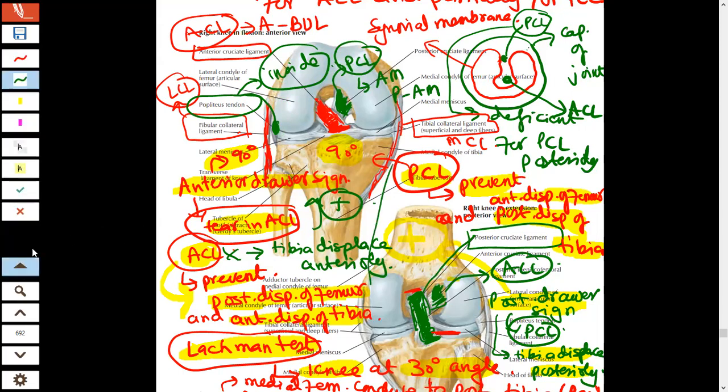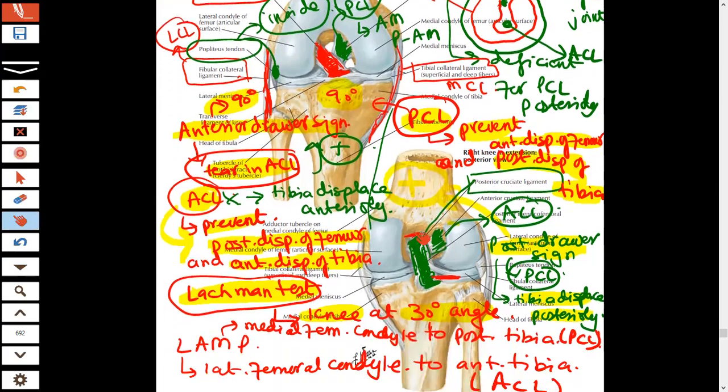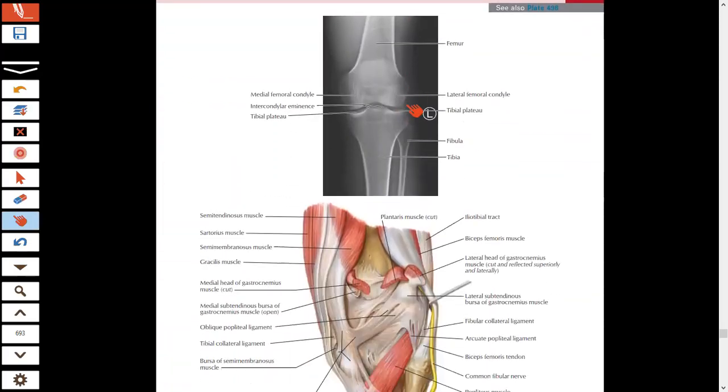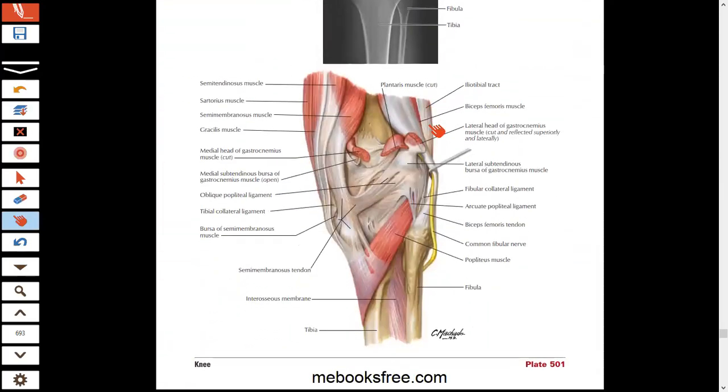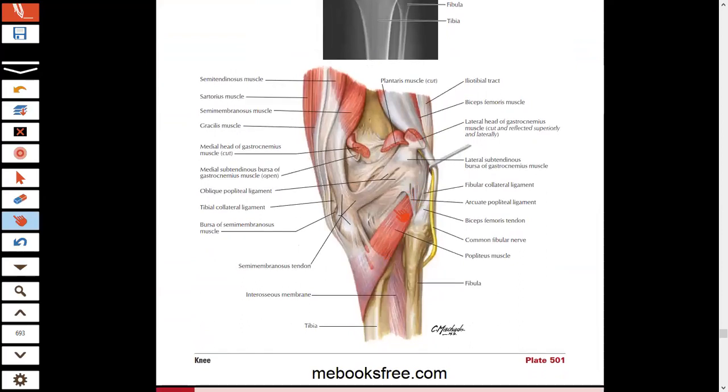This is your knee joint complete lecture and some points. See here, this is the popliteus muscle. So the popliteus muscle is on the lateral side. On the medial side, there is no muscle here. That's why patients mostly develop medial side injury, and that is known as your unhappy triad.